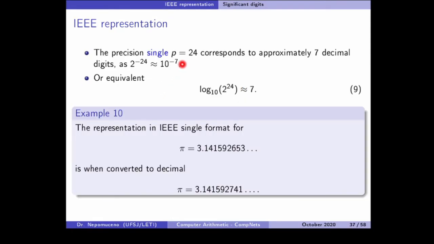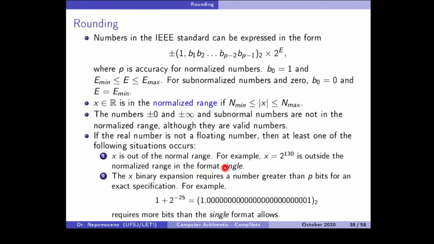The precision P24 corresponds to approximately 7 decimal digits, or equivalent to 24. The representation in IEEE single format, pi, is represented like that, when converted to decimal 3.4. So this is just to see what is going on in this sort of representation.